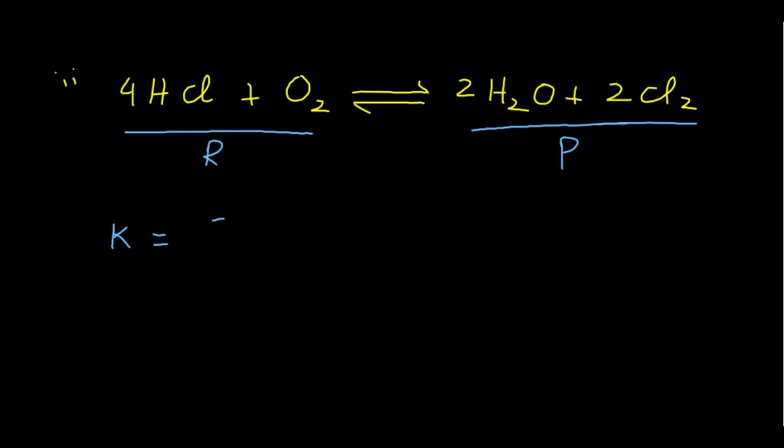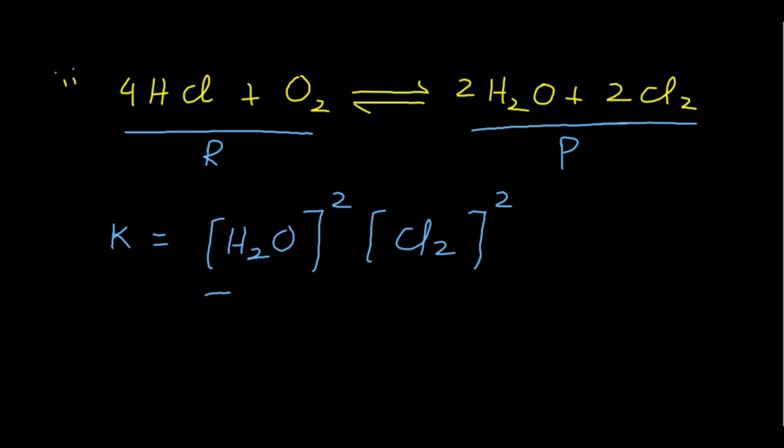So Kc is equal to the product of the molar concentration of product divided by the product of the molar concentration of reactants. So we write Kc like H2O. How many moles of water are given? 2. So 2 is written in the form of power. Right students? Into chlorine. 2 moles of chlorine are given.